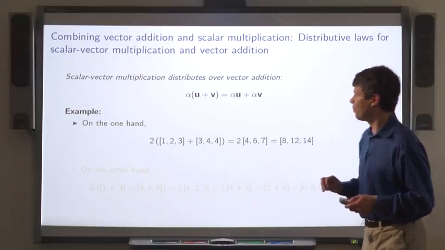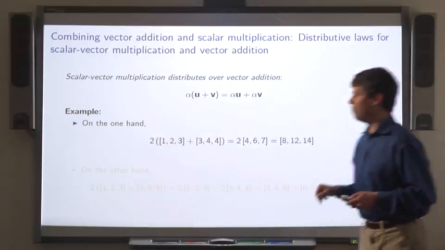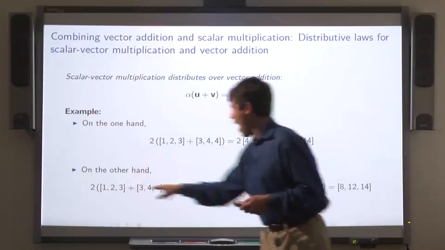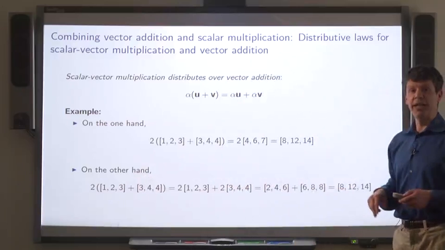For example, you can add these two vectors and then multiply them by 2. Or you could multiply each of the vectors by 2 and then add the results. And you'll get the same answer.